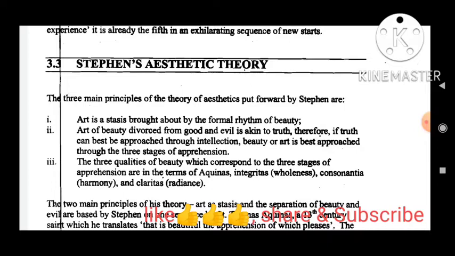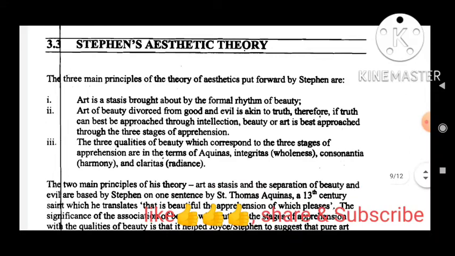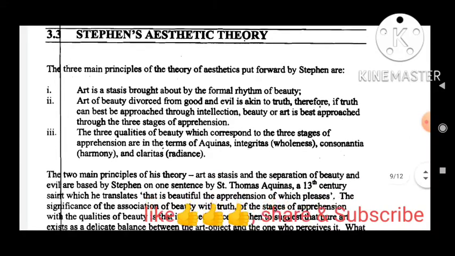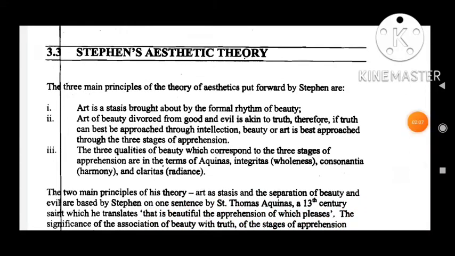The three qualities of beauty which correspond to the three stages of apprehension are integritas, consonantia and claritas. Integritas means wholeness, consonantia means harmony, and claritas means radiance. These are the characteristics or features of beauty according to Stephen.